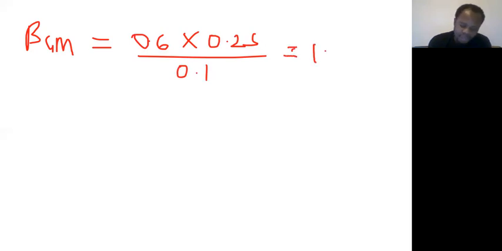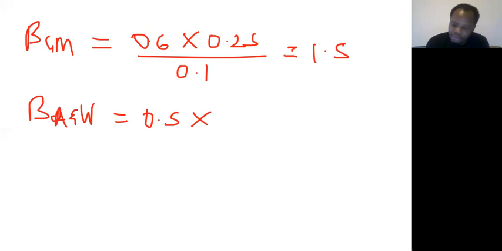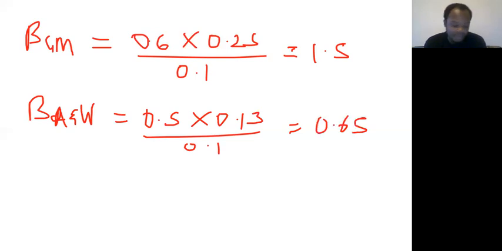And the beta of the third stock, which is AW, with correlation also given as 0.5, times 0.13 all over 0.1, and that also gives you 0.65. So that's for the beta of the three.